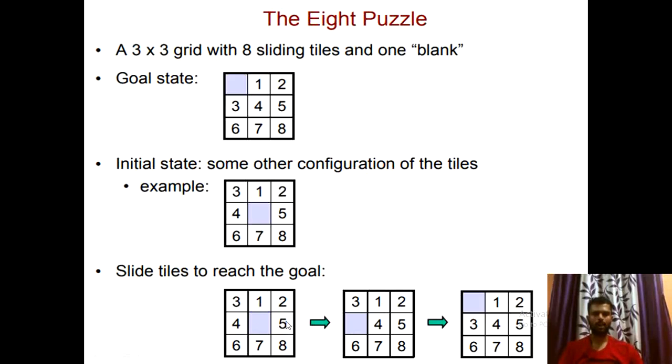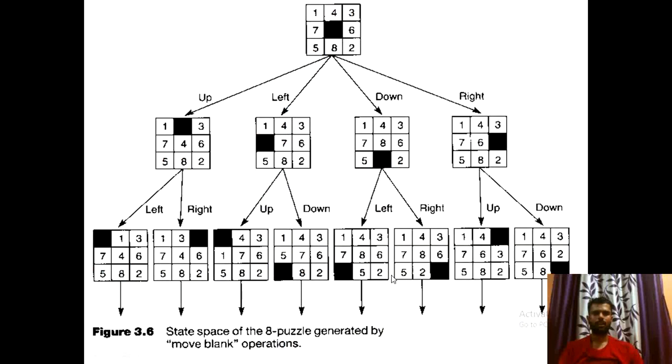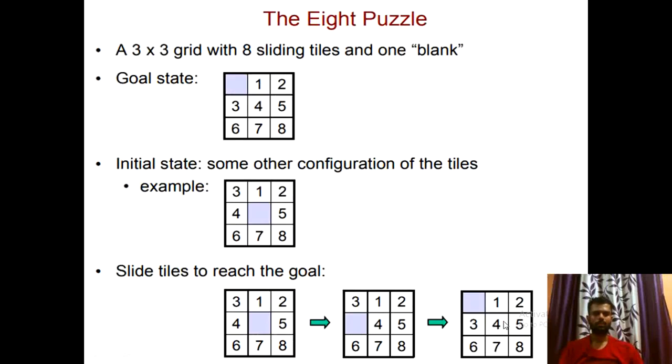As I have discussed, now you can slide the blank slide to the left side or to the right side. And one more thing, this is your final state or goal state.